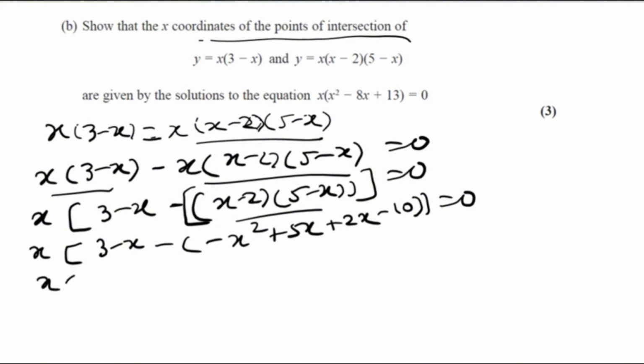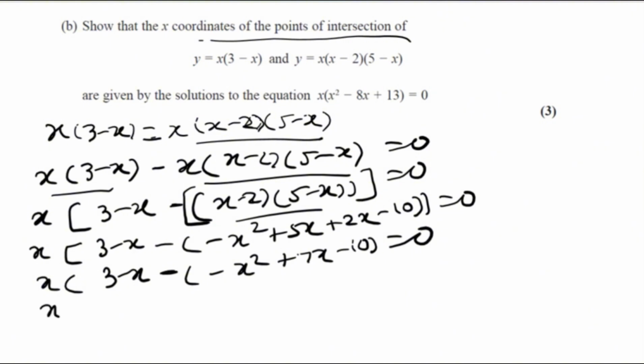So x into (3 minus x minus (x squared plus 7x minus 10)) equal to 0. Now when we open the bracket, the minus is there, so we have to change the sign. So 3 minus x plus x squared minus 7x plus 10 equal to 0.